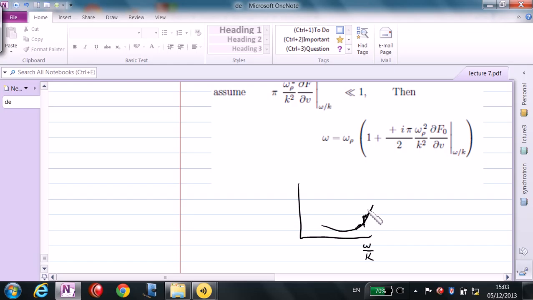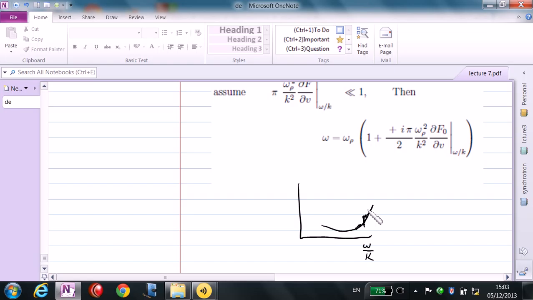And the question is, where are there more particles? End of story.